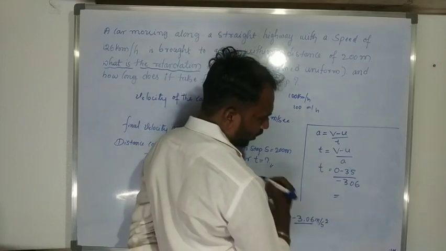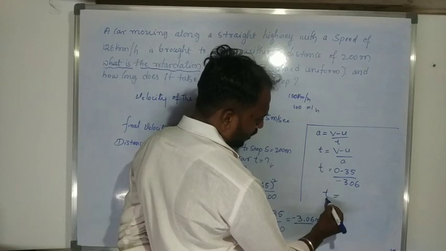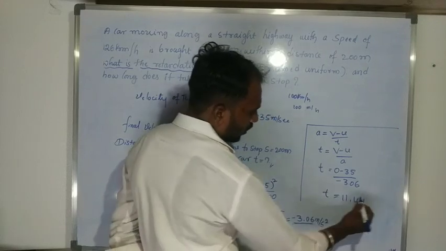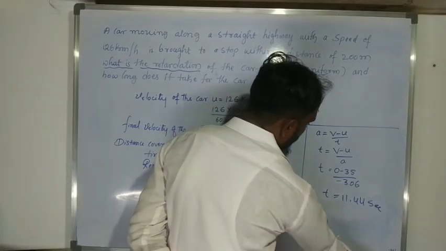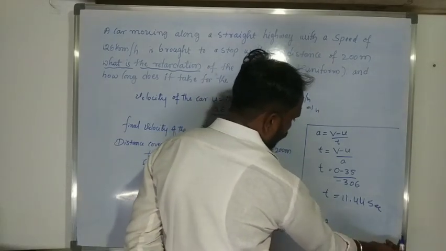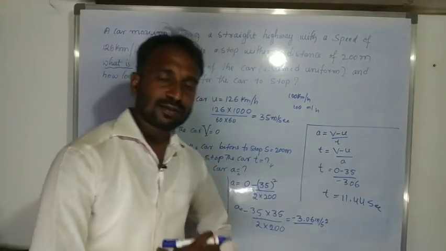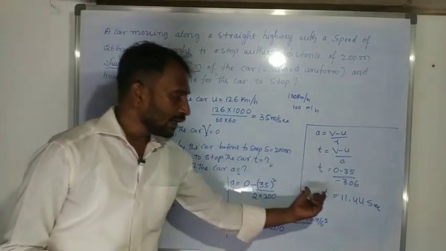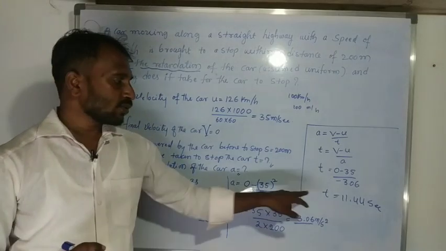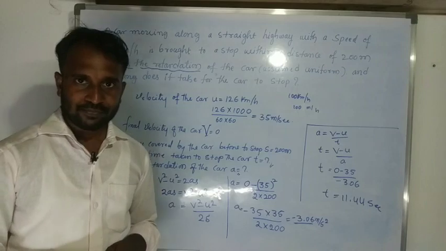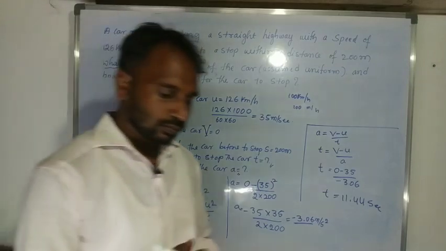So time value t is equal to 11.44 seconds. So this is the time interval. It means this much time is taken to stop the car. Okay, thank you.